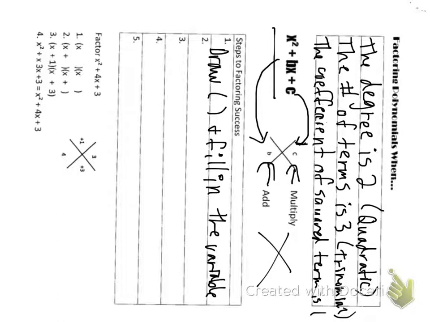So if it's x squared plus 3x plus 2, you're dealing with x, so you'd put an x at the beginning of each set of parentheses.